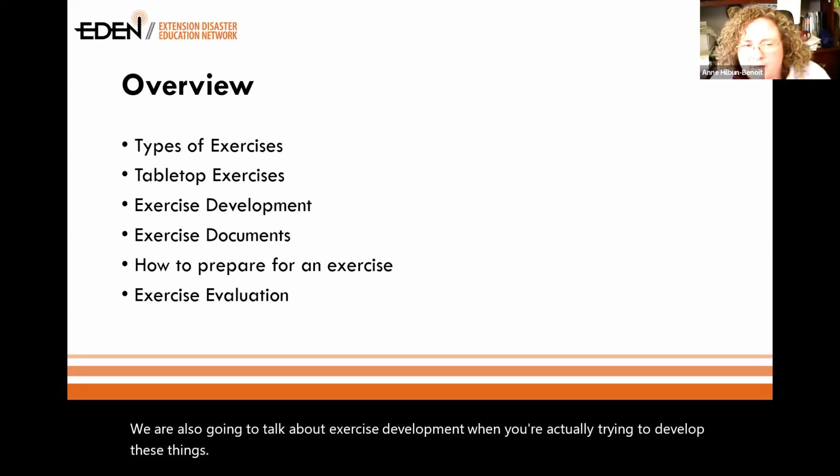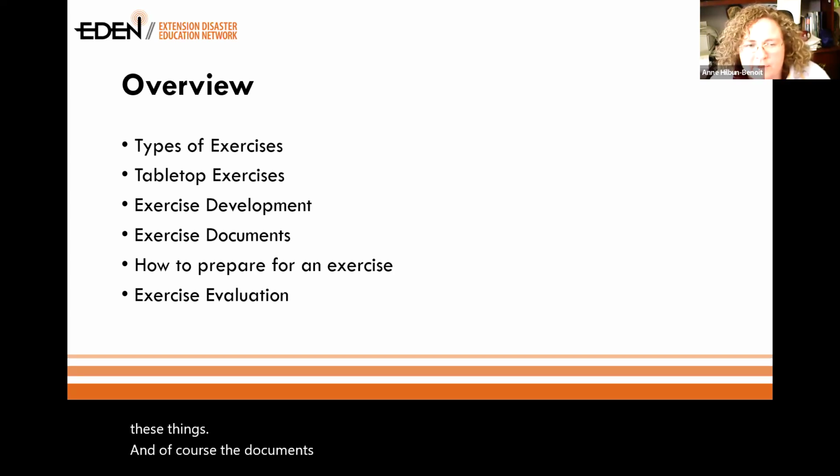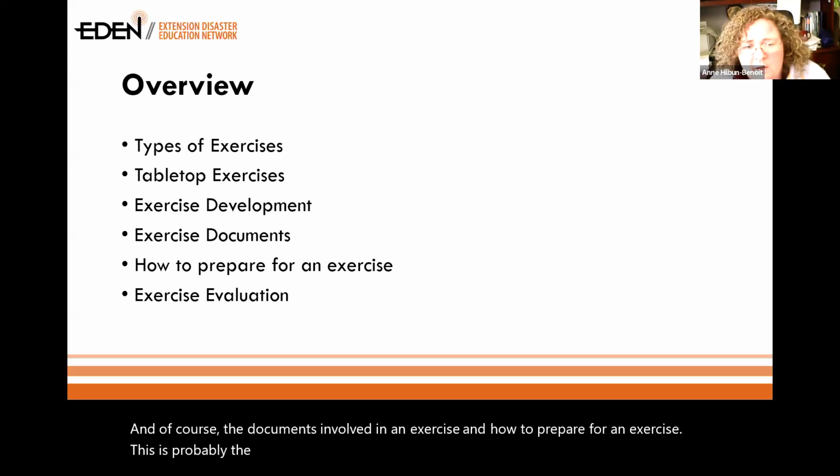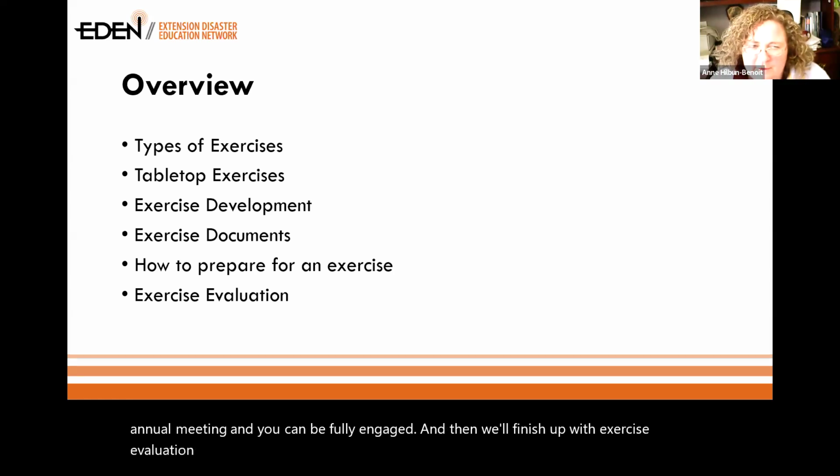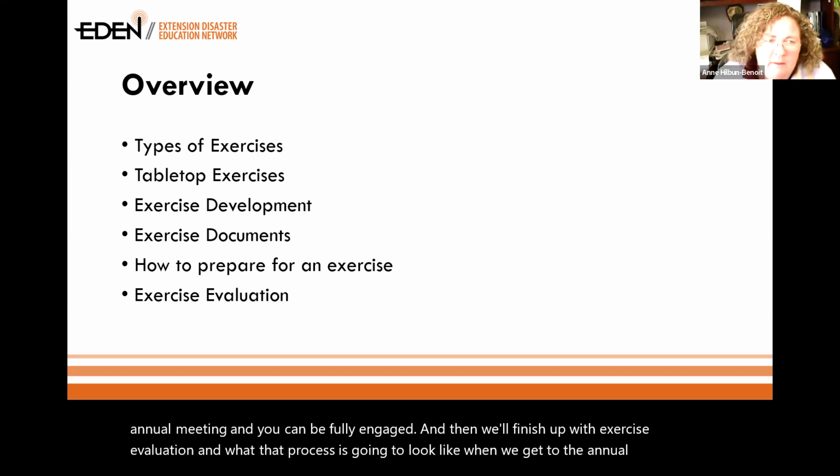And of course, the documents involved in an exercise and how to prepare for an exercise. This is probably the most important thing to take away today so that you're ready for the annual meeting and you can be fully engaged. And then we'll finish up with exercise evaluation and what that process is going to look like when we get to the Eden annual meeting.